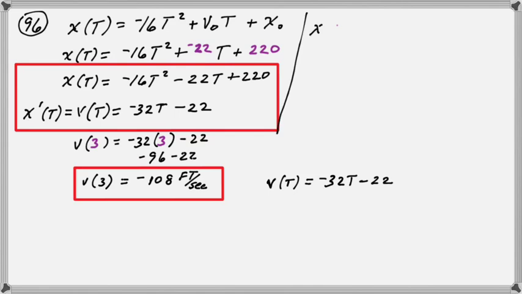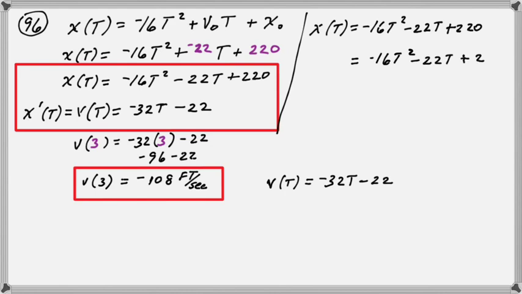So I'm going to rewrite this. x of t equals negative 16t squared minus 22t plus 220.